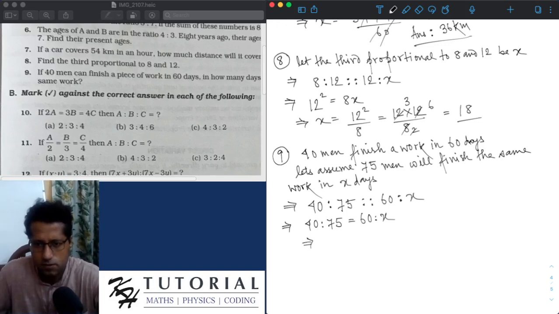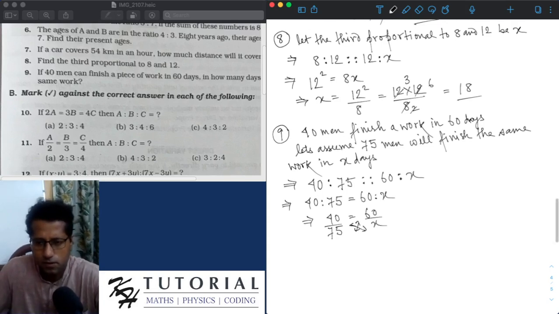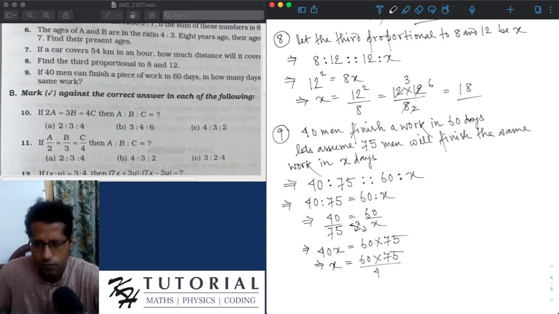This implies 40 by 75 equals 60 by X, and we will do cross product to solve X. This implies 40X equals 60 into 75. This implies X equals 60 into 75 divided by 40.